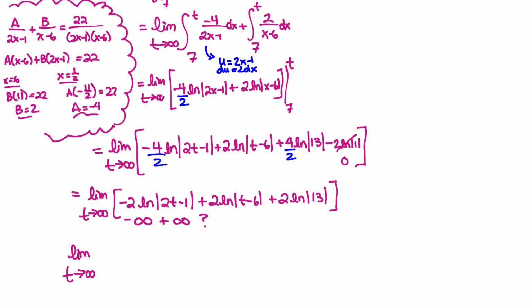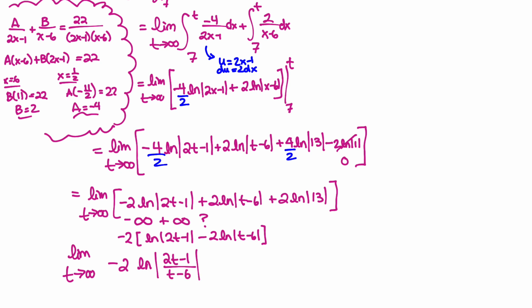I suggest we factor out a negative 2, leaving us with a natural log of 2t minus 1 minus natural log of t minus 6, and then putting those 2 together. So minus 2 times the natural log of 2t minus 1 over t minus 6.